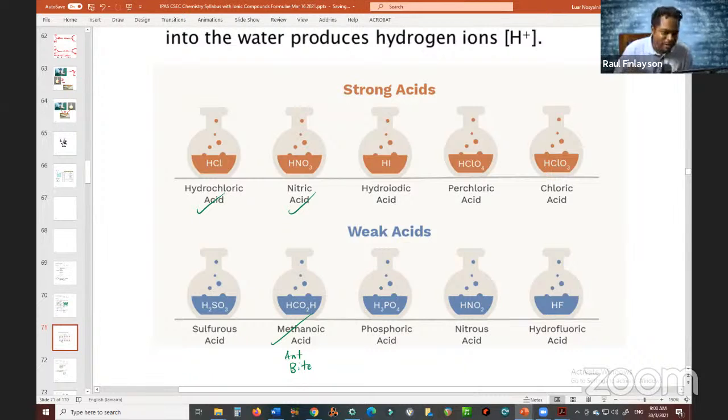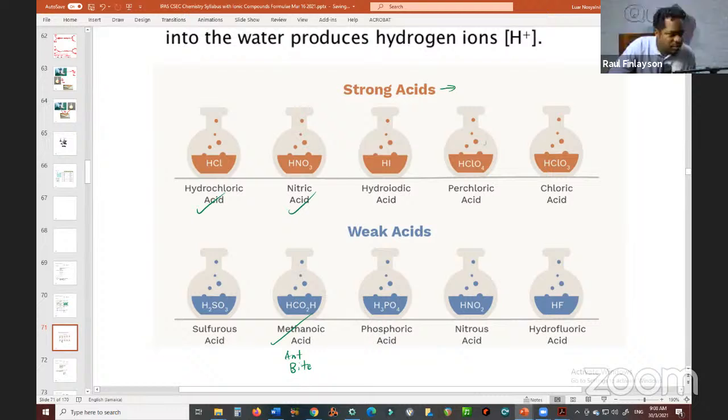All right. So at least up to this point, guys, you should be able to tell me examples of strong and weak acids. The definition though is that a strong acid is an acid that can give off hydrogen ions easily. I want to define it, but I don't want to use words that you don't understand. And that's very difficult for chemistry because chemistry people tend to chat enough. So let me just simplify it.